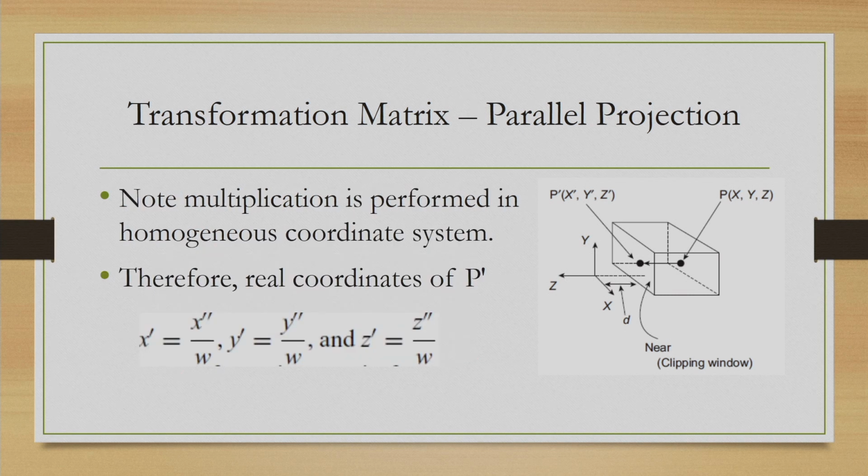So, the multiplication is performed in this homogeneous coordinate system, and the real coordinates of P dash should be obtained by dividing it by the homogeneous factor W. Now, we shall see later that in case of projection transformations W need not be 1. So, we require division. We will see some examples later where W is not 1, unlike in the previous transformations where the homogeneous factor was 1.